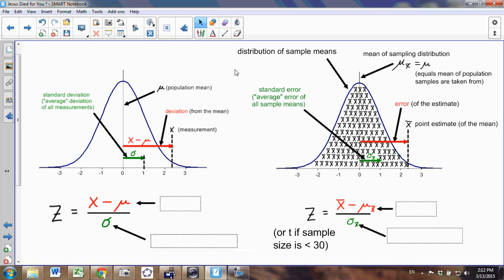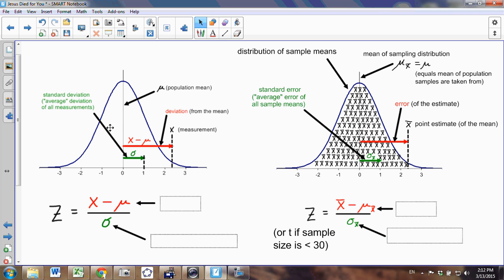I should have included this little summary in the previous video on the central limit theorem, talking about sampling distribution, but I guess I'll make it a separate video quickly as a summary of the central limit theorem.